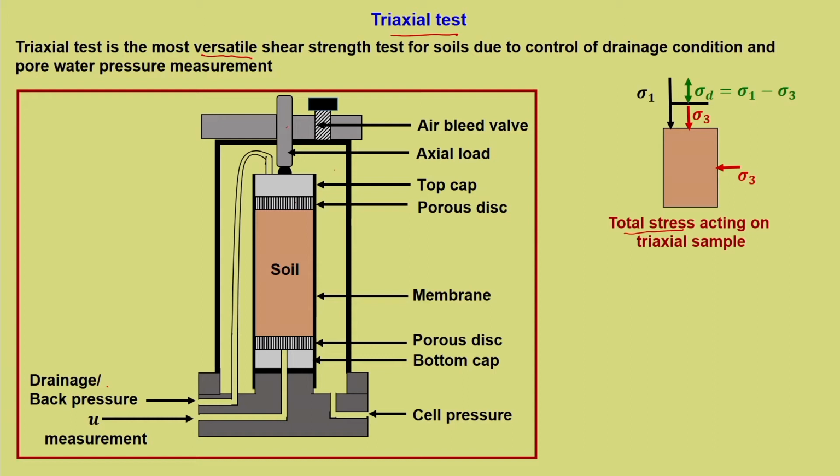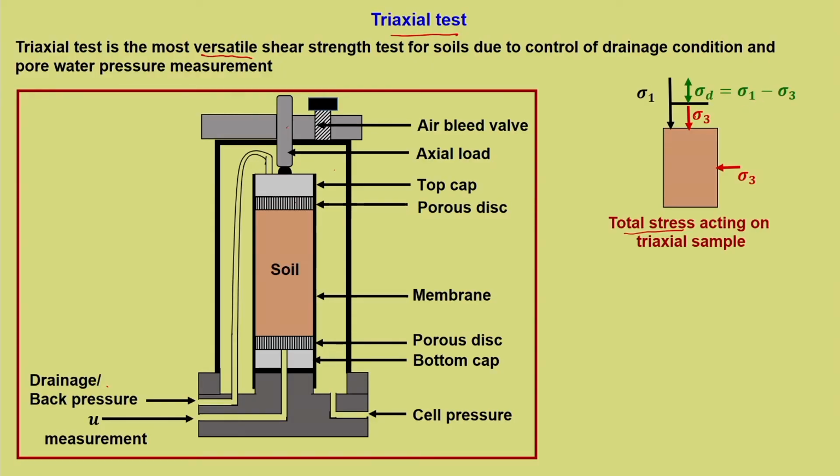Then what causes failure? When you apply the load, that is the ram, this load which is delegated to the axial system, that causes failure, that induces shear within the soil. This also we have discussed before. But what exactly is causing failure?